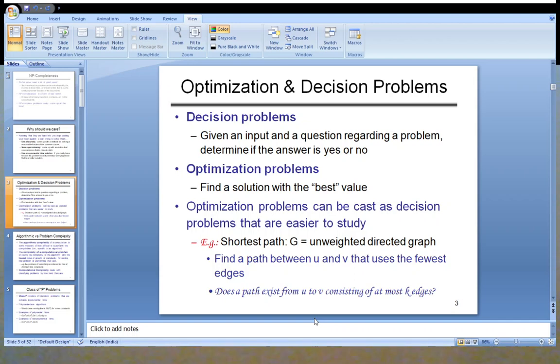It is very difficult to find the shortest path every time in an unweighted directed graph when the graph becomes complicated. So these problems also go under the category of NP complete problems.